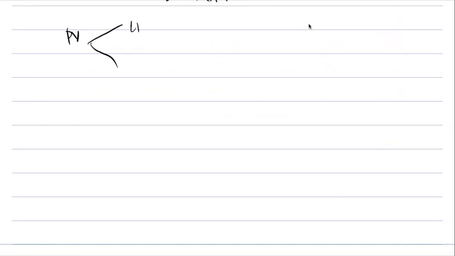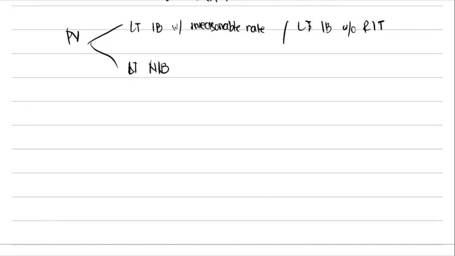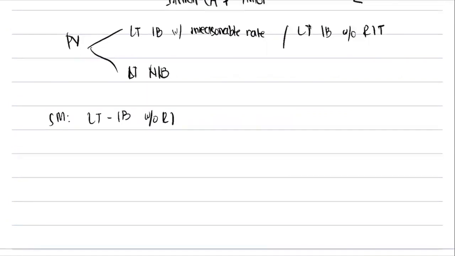That is your long-term interest-bearing note without reasonable interest rate, and then we have your long-term non-interest-bearing note. So let's have an example for the subsequent measurement of a long-term interest-bearing note without reasonable interest rate.